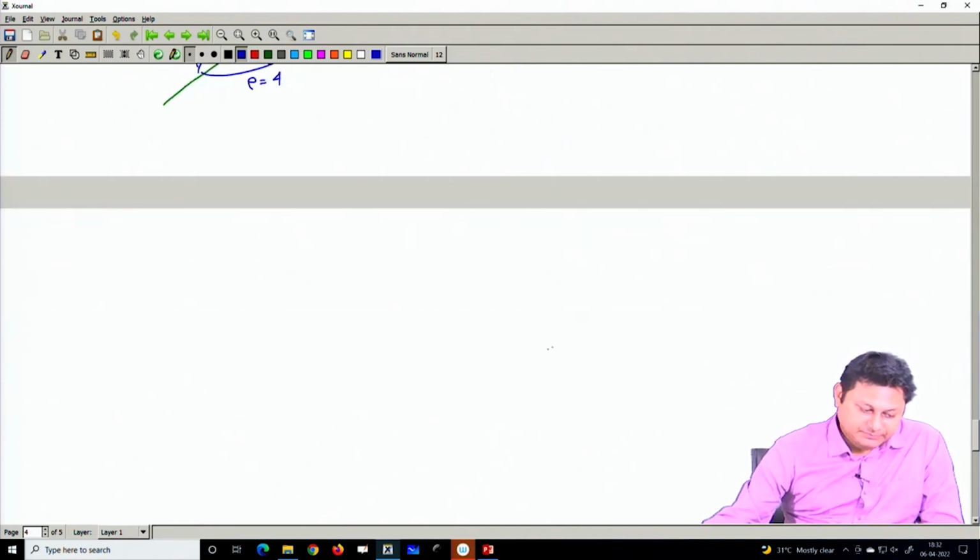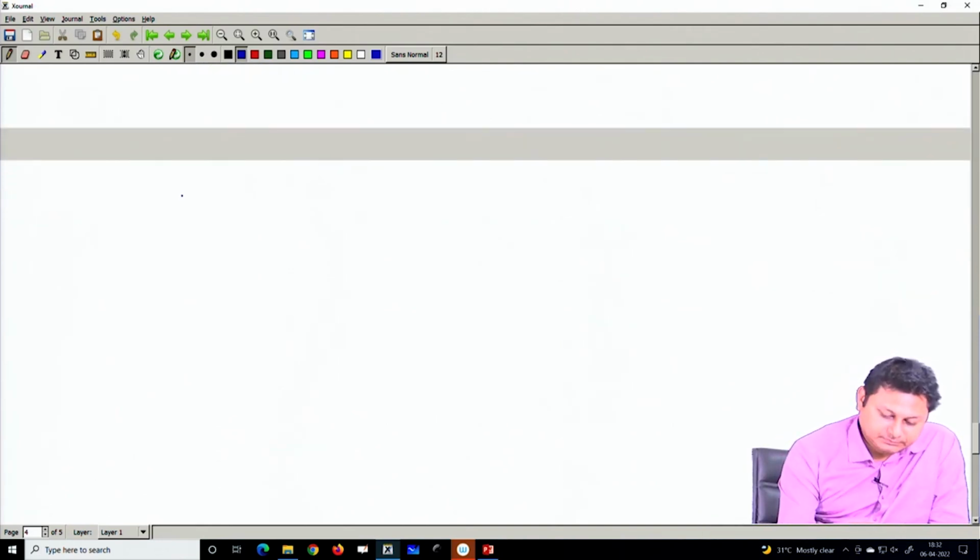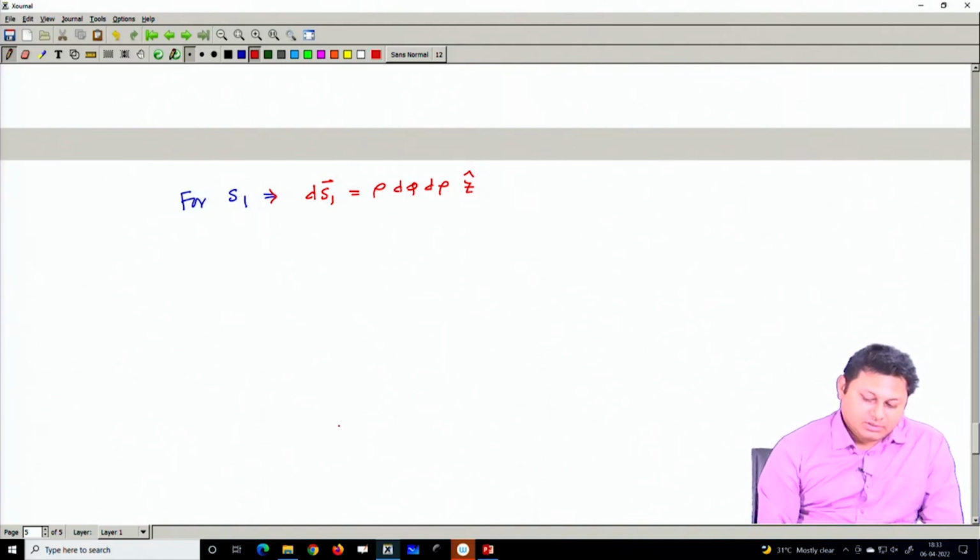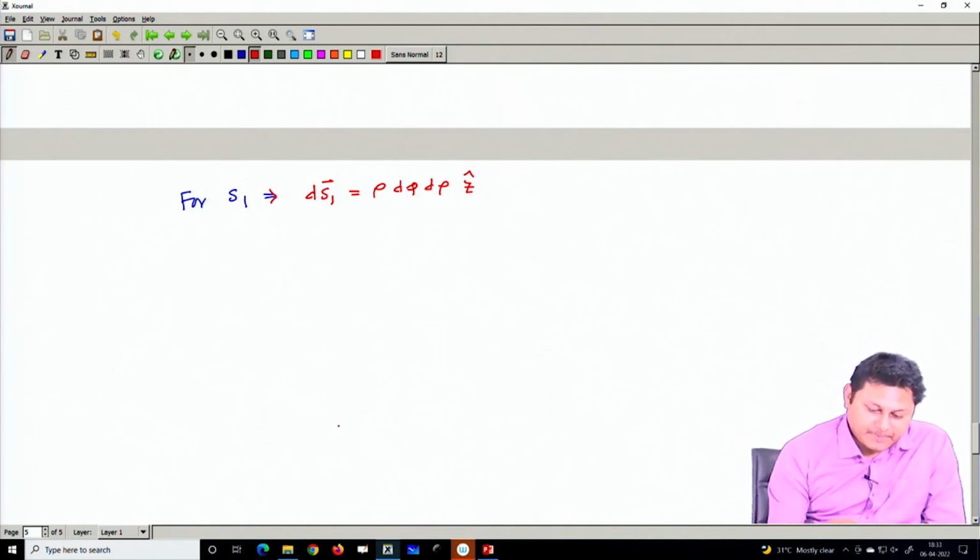Now, for surface S1, I can have the surface element ds1 equal to rho d phi d rho z unit vector, the upper surface.